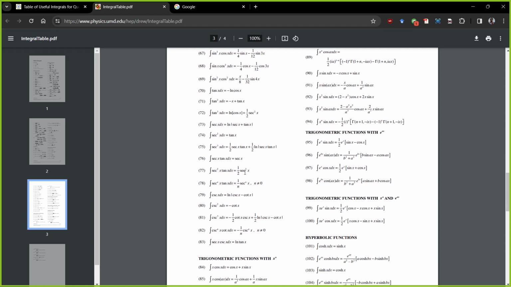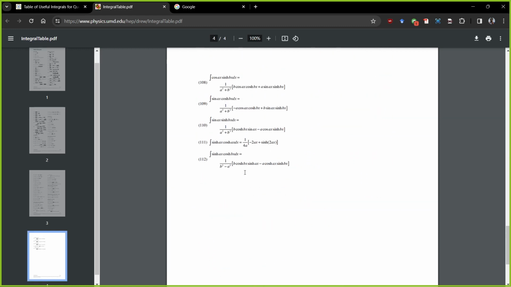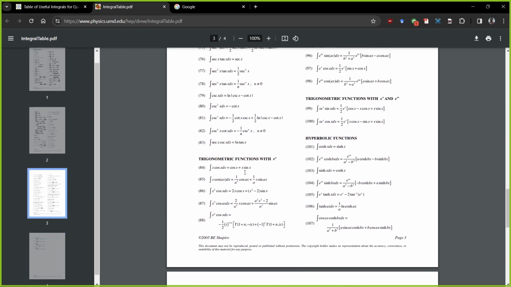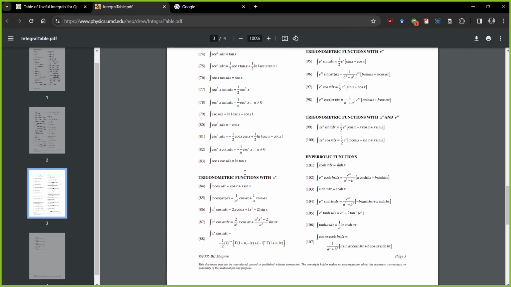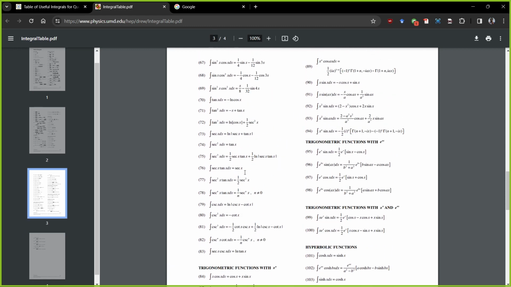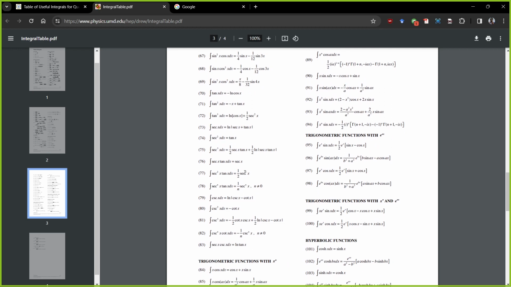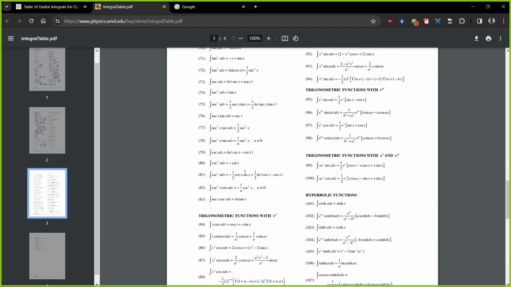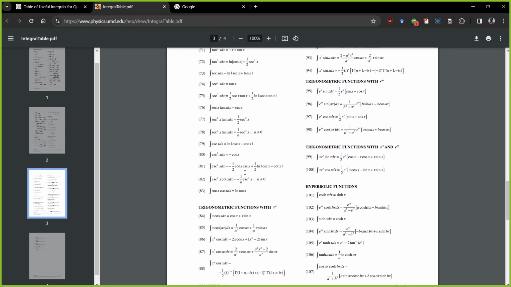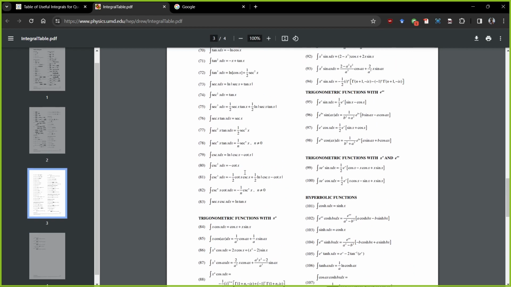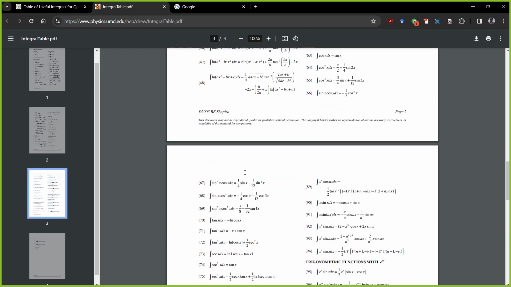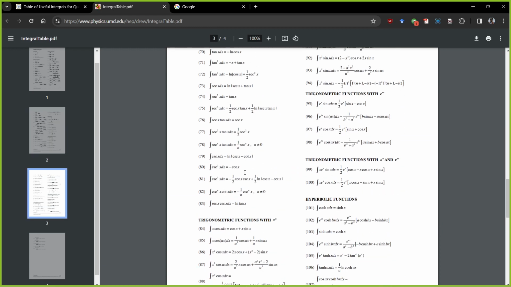Where's sine squared? Well, I thought it was in here, but it's not. Does anyone see it? I don't see it. Well, maybe this isn't as useful as I thought it was. That's unfortunate. But anyway, let's go ahead and do it on Wolfram Alpha.